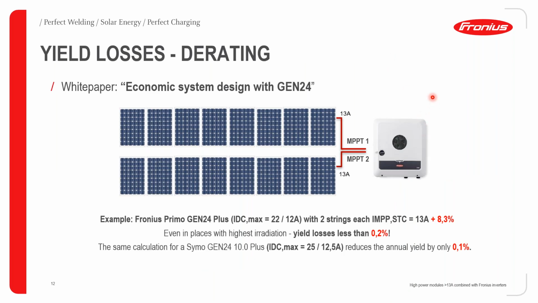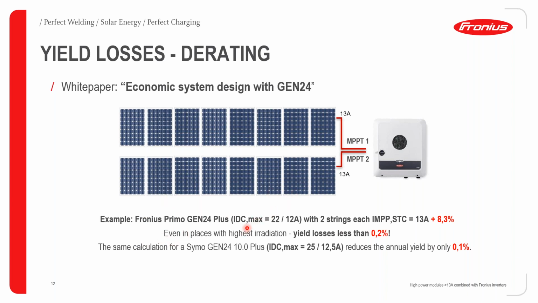So the Fronius R&D has done quite a bit of work to study the effects of using these higher power modules with our inverters. And they have come up with a white paper with the title Economic System Design with the Gen 24. And this looks at what happens if you connect these higher power modules, for instance, to a Primo Gen 24 Plus.